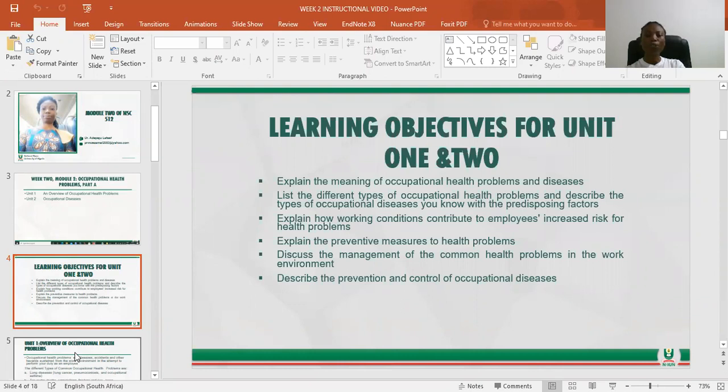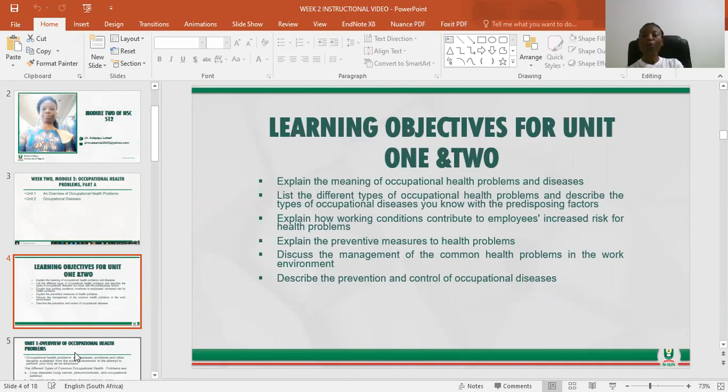At the end of the facilitation today, learners should be able to explain the meaning of occupational health problems and diseases, list the different types of occupational health problems, and describe the types of occupational diseases you know with predisposing factors.